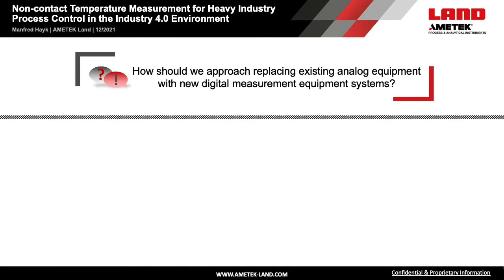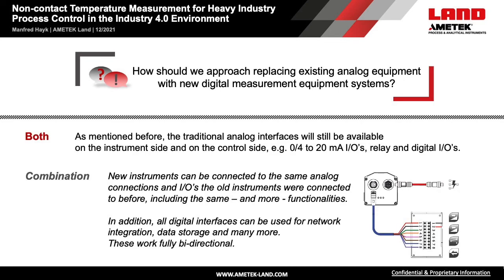This obviously is a practical question. How should we approach replacing existing analog equipment with new digital measurement equipment systems? As already mentioned before, the traditional analog interfaces will still be available on the instrument side and on the control side, for example, 4 to 20 or 0 to 20 milliampere IOs, relay, and digital IOs.